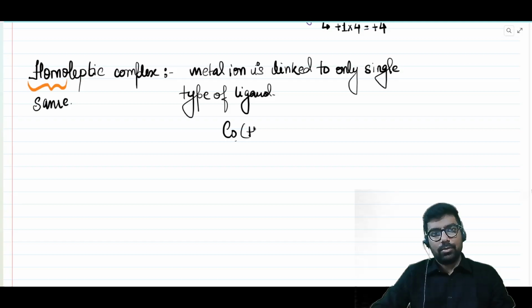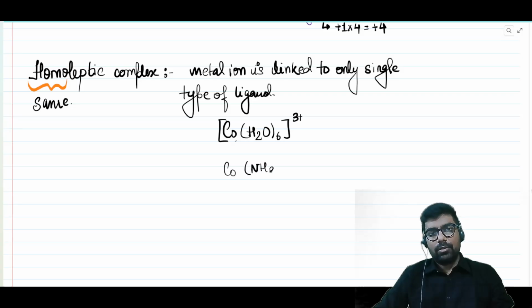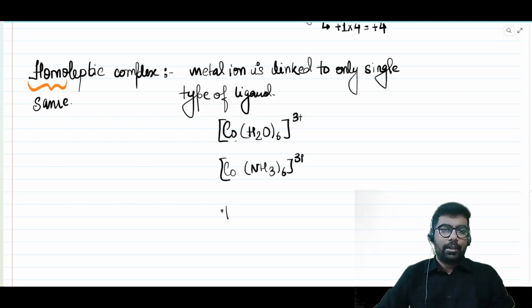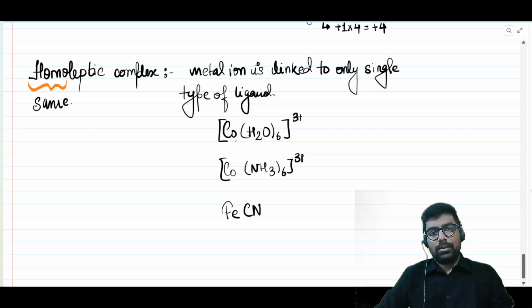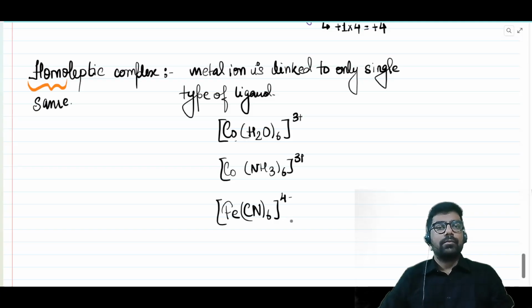For example, [Co(H2O)6], homoleptic complex. [Co(NH3)6], homoleptic complex. [Fe(CN)6]4-, homoleptic complex.